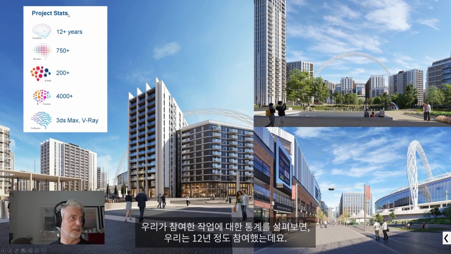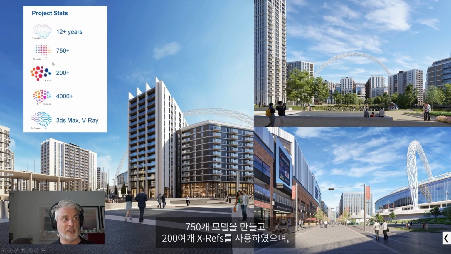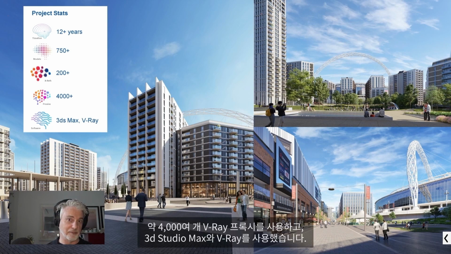We've been involved with the job for around 12 years. We've produced around 750 models and counting. There are around 200 XREFs, around 4,000 V-Ray proxies, and we use 3D Studio Max and V-Ray.